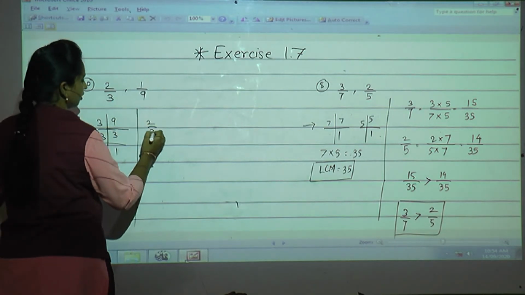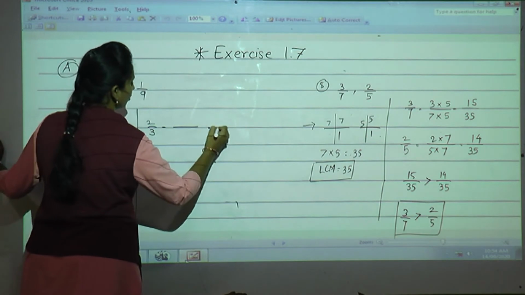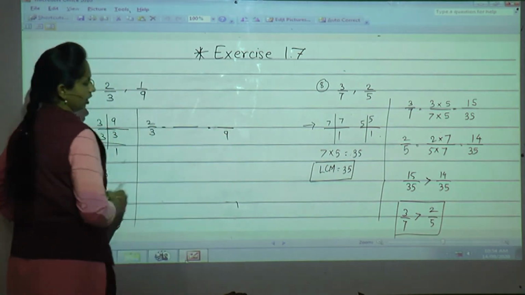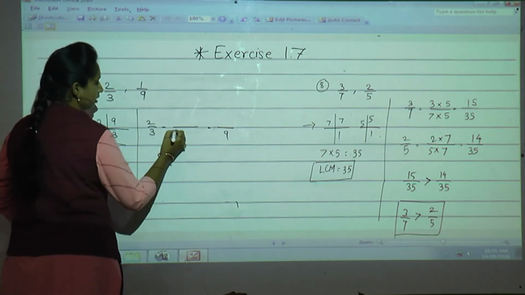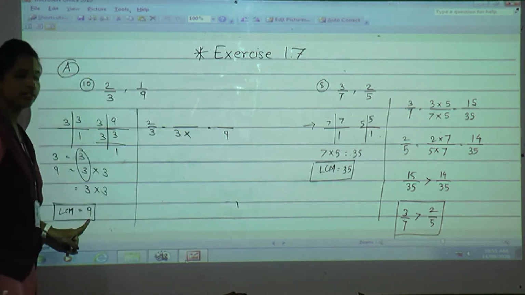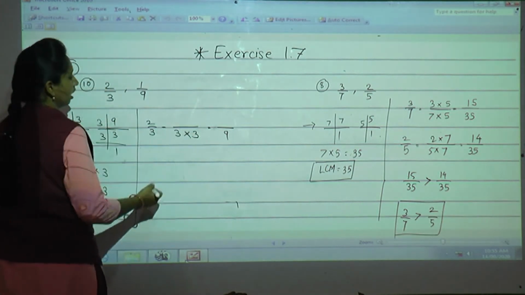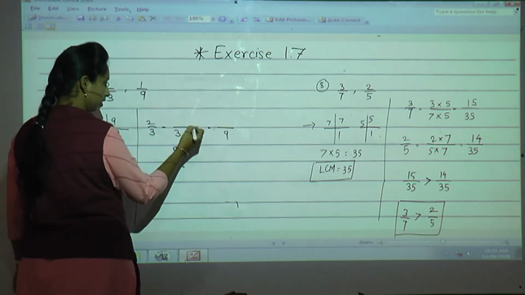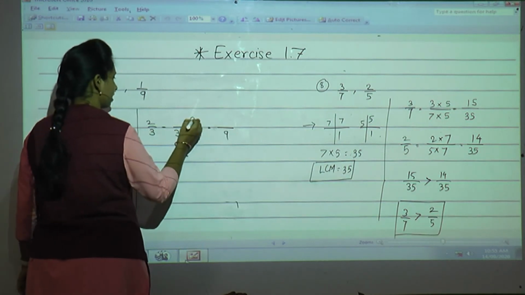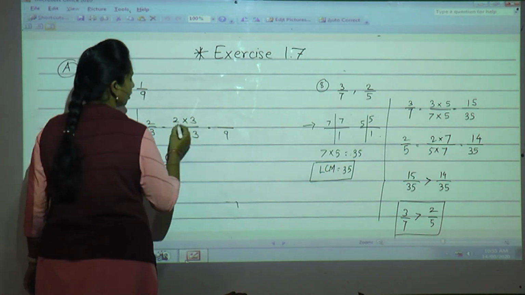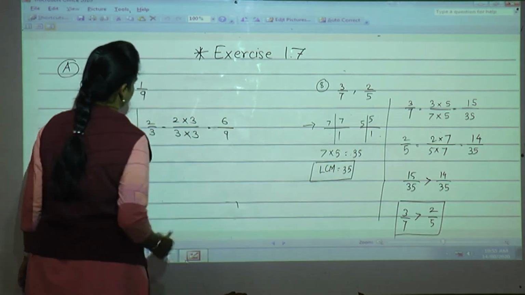Now we will compare the numbers. 2 upon 3. So LCM is what? 9. So write in the place of denominator and write here 3 as it is. Now what 3s are 9? 3 3s are 9. Now 3 we have taken here in the place of denominator, so take the same in the place of numerator and 2 as it is. 2 3s are 6.